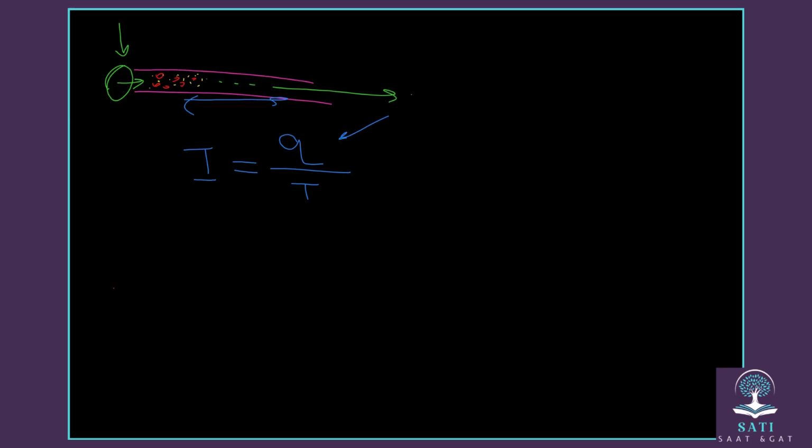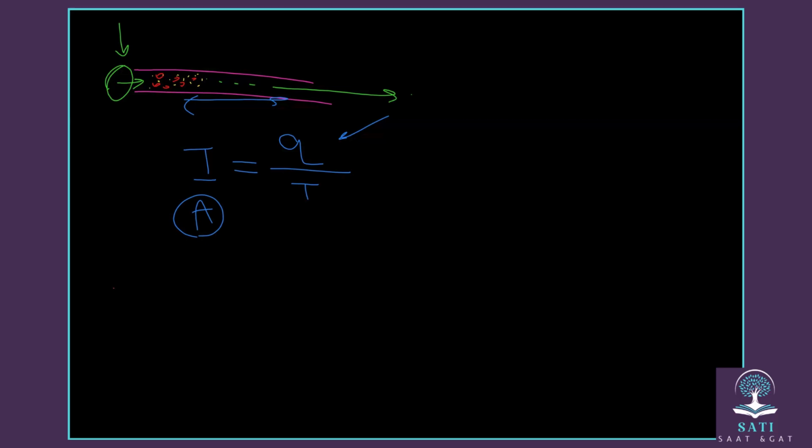We can call this definition the rate of flow of charge, meaning the charge moving over the time it uses. So you understand now what current is. Its unit is the ampere, and this ampere is a basic unit, one of the 7 basic units and quantities in physics.